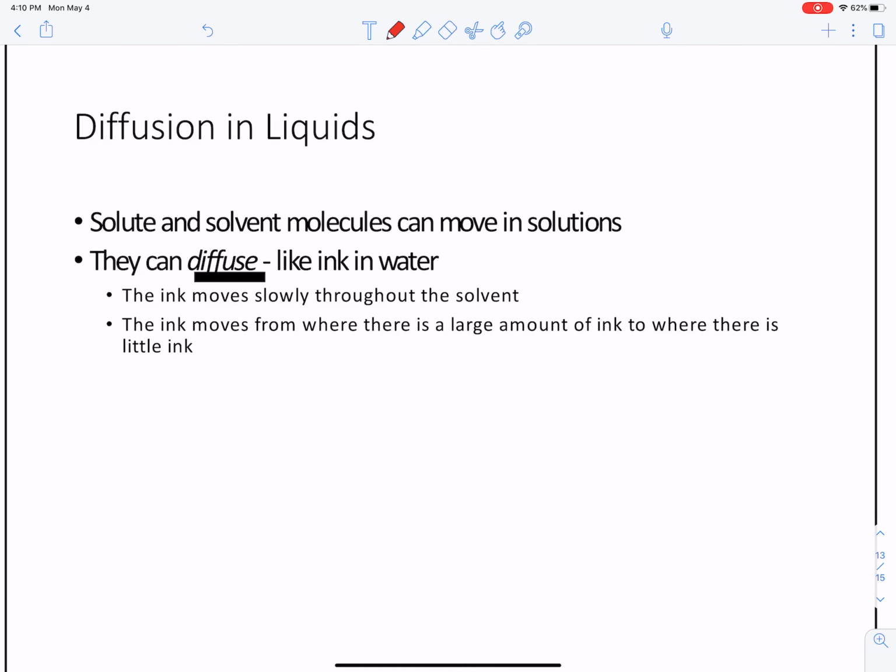Just like you can have diffusion in air, you can have diffusion in liquids. So like ink and water, or how about this? Not ink and water, but let's think about this. Dyes in water. Does that make sense? So, sometimes when you are doing the embalming, we need to add dyes to make the body look more alive or less gray.